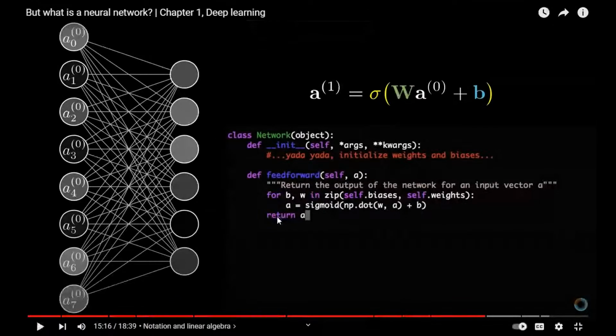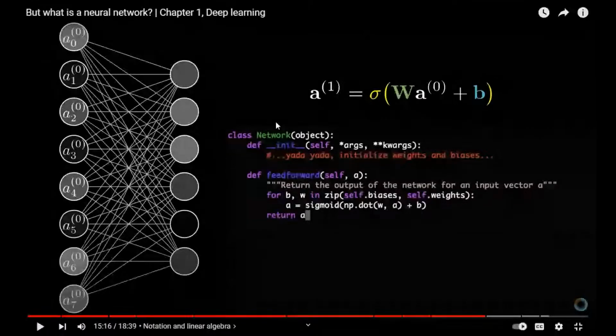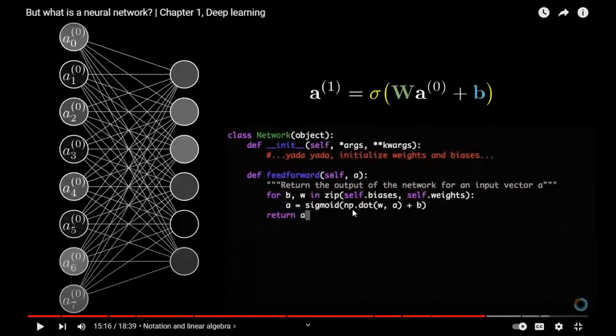Whenever we say activation function, it is calculated like this: A equals sigmoid of np.dot(W, A) plus B. This is the formula that we saw earlier. A and W are multiplied, and B is added. This equation has some arguments, and you are doing the initialization in that.